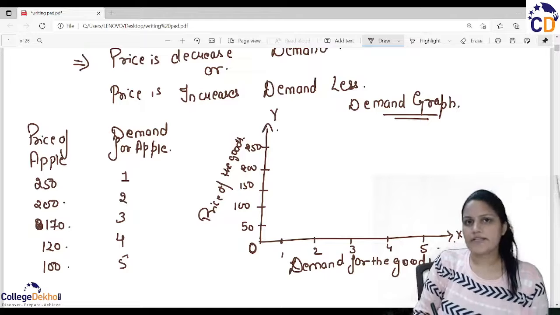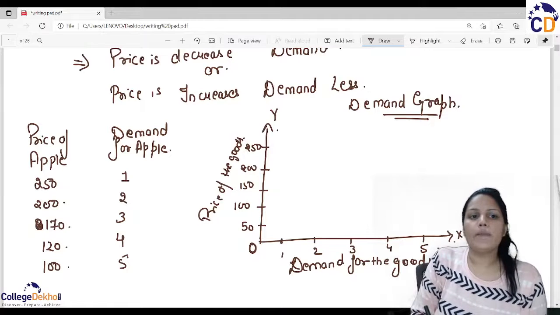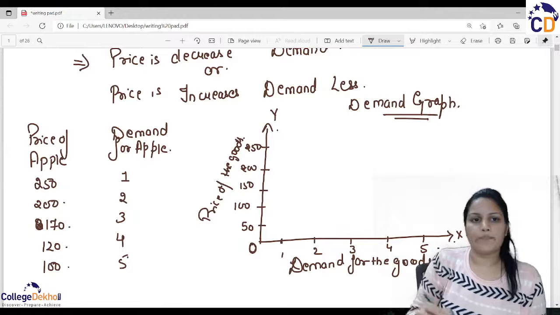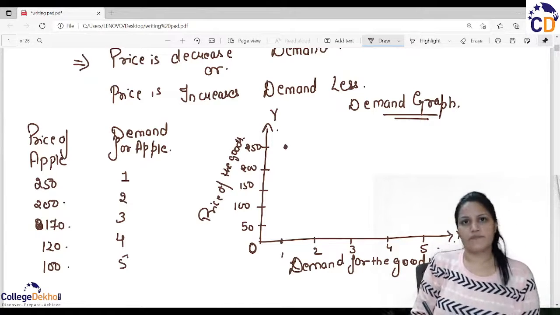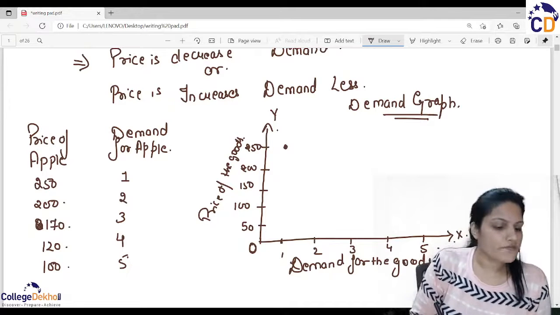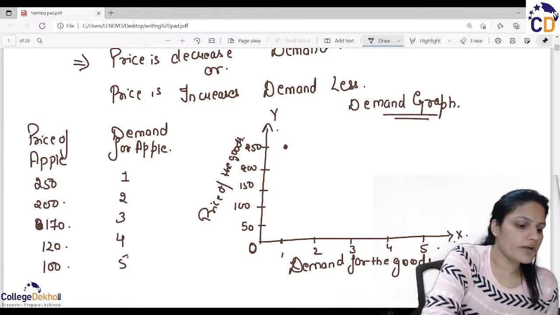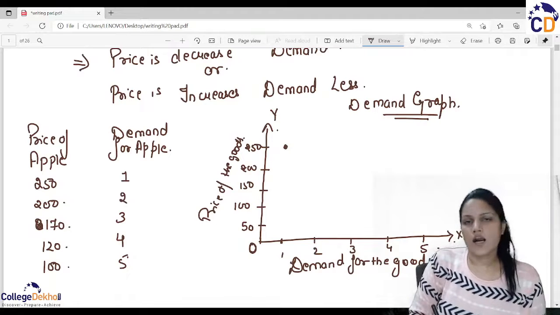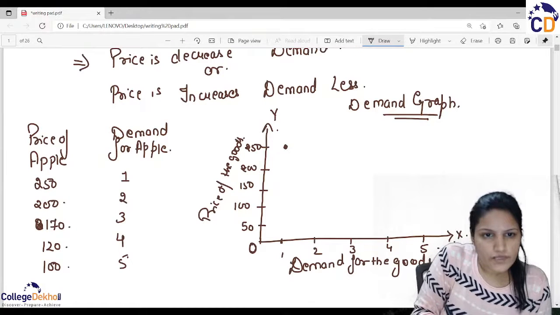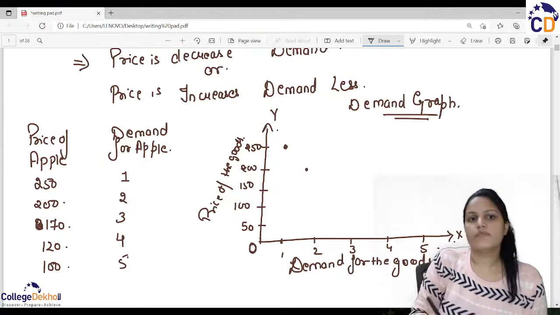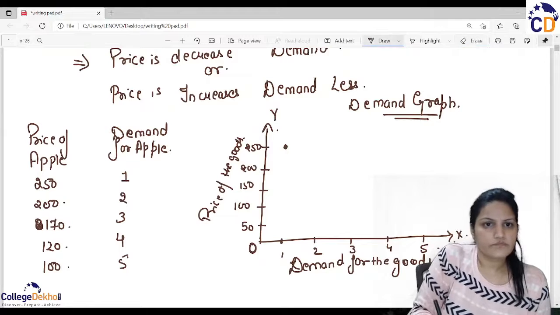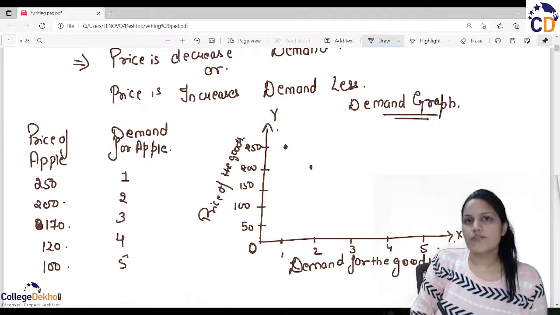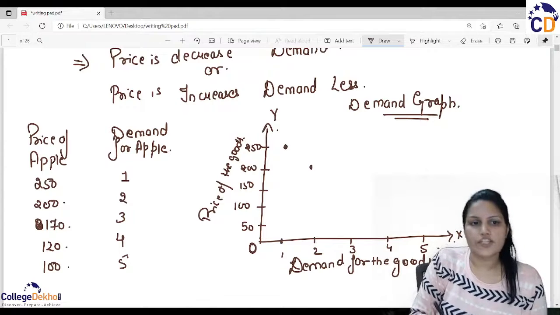So at a price of rupees 250, we'll demand only 1 kg of apple. So here is 250 and we are going to plot 1 kg. At 200, we'll demand 2 kg. So here is 2 kg. At 170, we'll demand 3 kg.